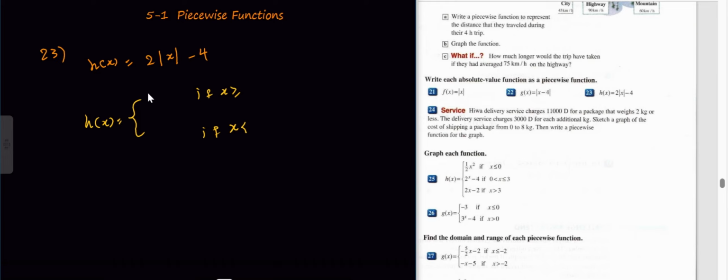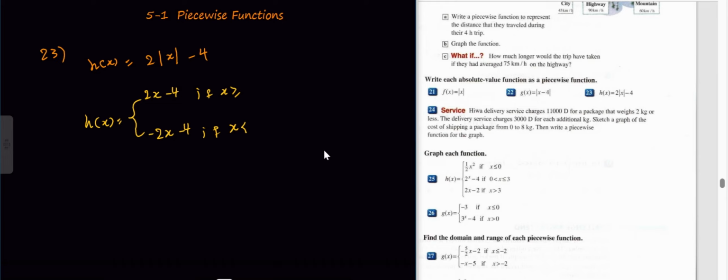So the first one will be 2x minus 4, and the second one will be negative 2x minus 4. We are not going to change this minus because it's outside the absolute value. Maybe you say, teacher, this one is also outside the absolute value. How do we change it to the negative?